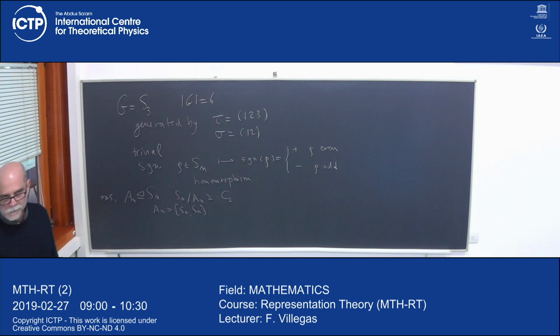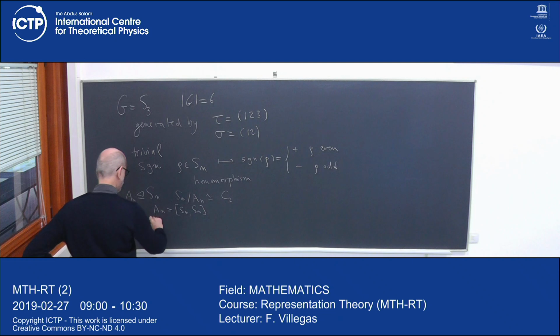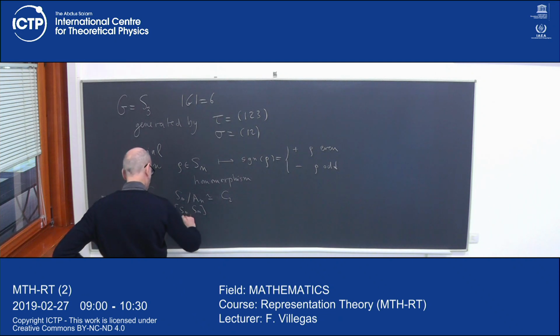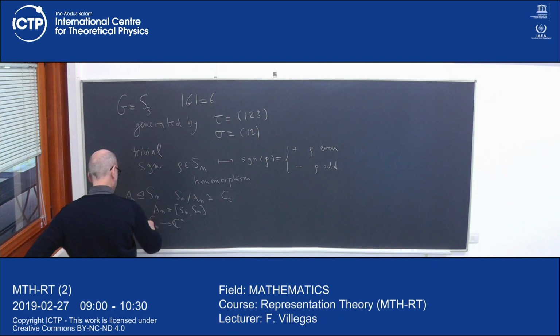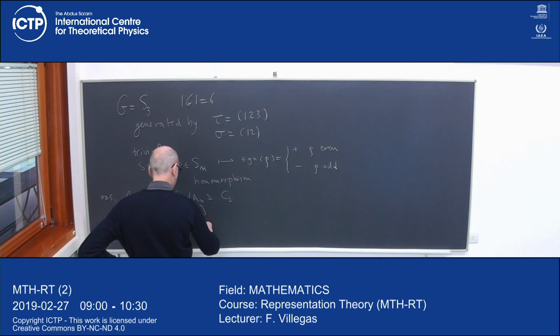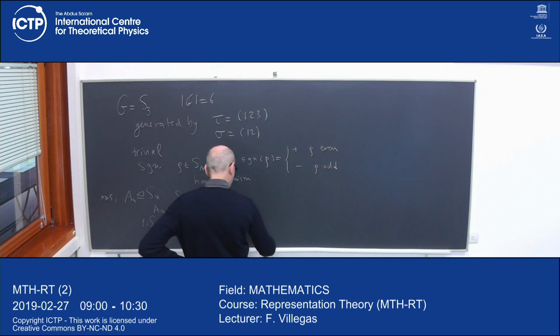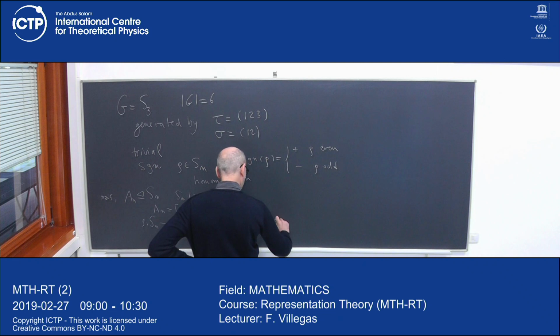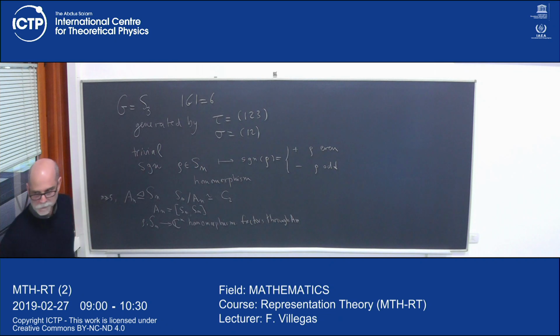So, as we said on Monday, every homomorphism from a group to C star has to factor through the commutator subgroup. In this case, it factors through An. So the only homomorphisms from Sn to C star are the trivial map and the sign.